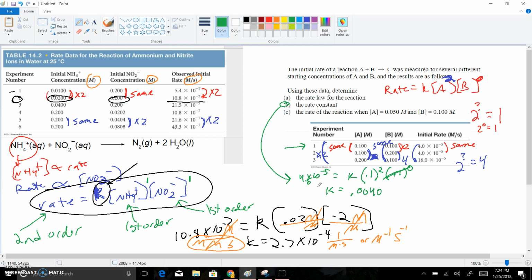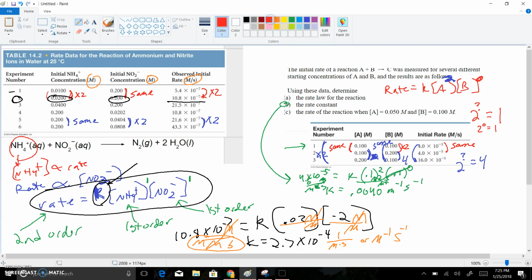If I look at all these numbers, this has 2 sig figs, that's the lowest, so I'm going to take that. Checking out my units: this one canceled, I don't really have to worry about it because it's to the 0 power, so it doesn't really exist. This is molarity squared, and this is molarity per second. So if I divide both sides by molarity squared, I can cancel that out. Once again, I'm getting molarity to the negative 1, seconds to the negative 1.